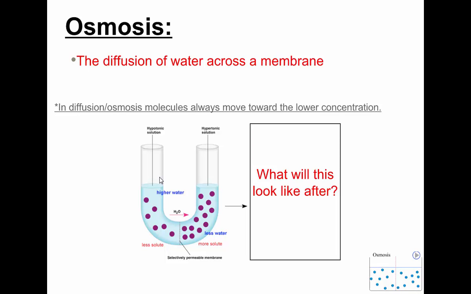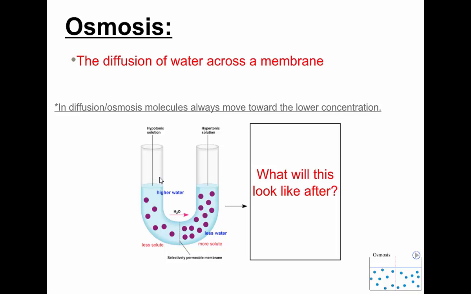And on one side, I put some sugar water. That's what the purple circles represent, sugar molecules. On the other side, I put some stronger sugar solution with more sugar dissolved in it, hence more purple dots.